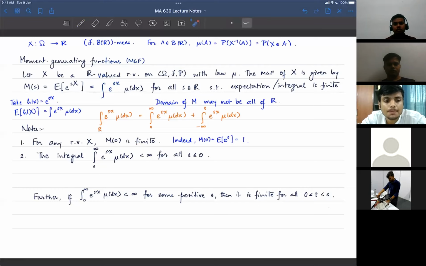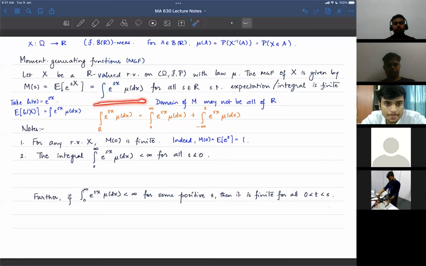It is always positive. Thank you. Fix s. E to the sx is always positive. It can never even get to 0. Forget going negative. It cannot even get to 0. So this integral is always going to be meaningful. It may be infinite, but it will always be meaningful.